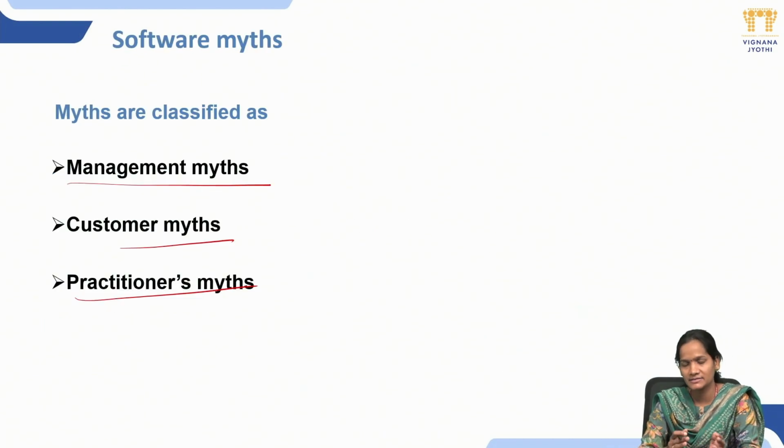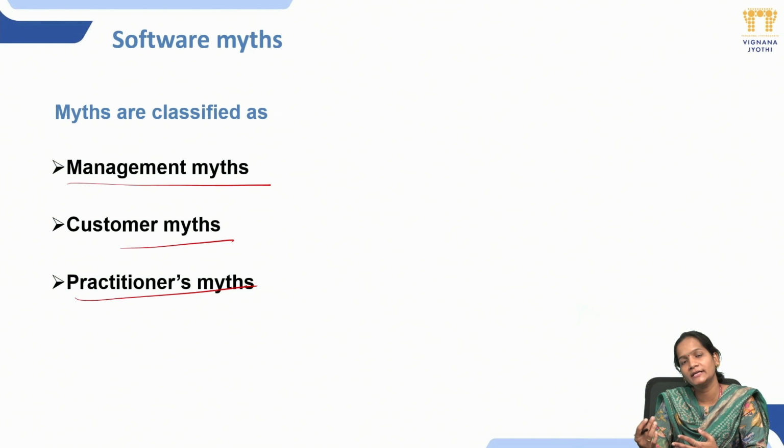While developing the software, after developing it, and before developing it, they are going to assume something. In these three phases there are three roles. Before developing the software, the customer is involved and explains everything to the team. While developing, the developer thinks something, but the actual thing is different.